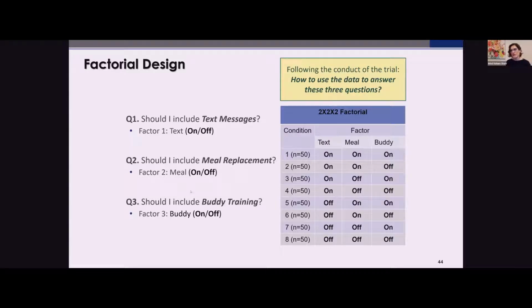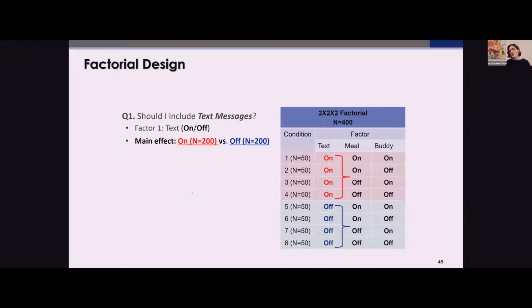To answer scientific question number 1 about text messages, again, I will pool outcome information across the conditions in which participants got text messages. Now these are 4 conditions, but it comes down to 200 participants. Right? Half of my sample, and I'll compare it to the other half in which participants did not receive text messages.